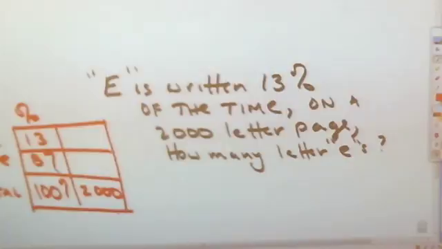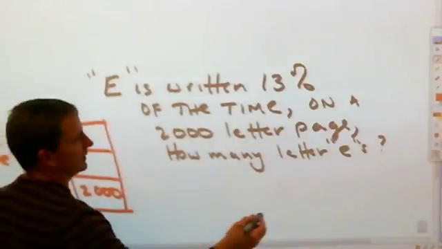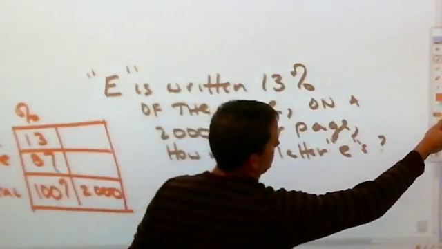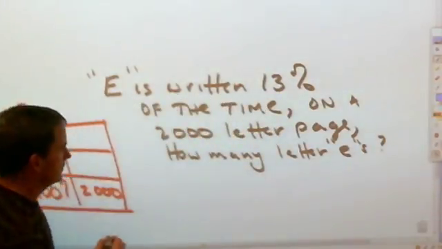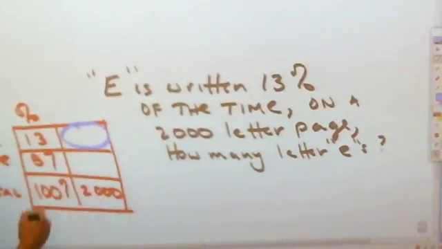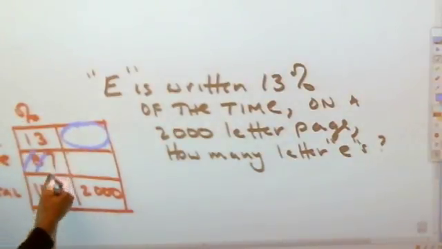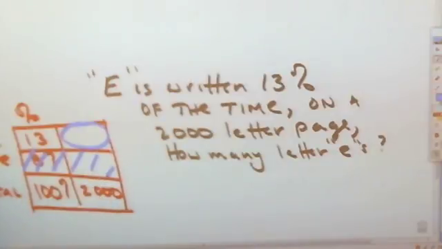So, what is the question asking? How many letter E's? Am I asking how many E's or how many not E's? I'm looking for this one right here, so you don't need this one. You will come across times when you will, so don't think that that's always going to be the case. So it ends up like this.